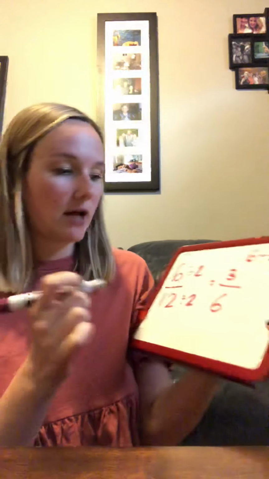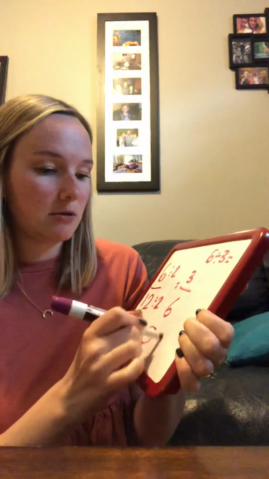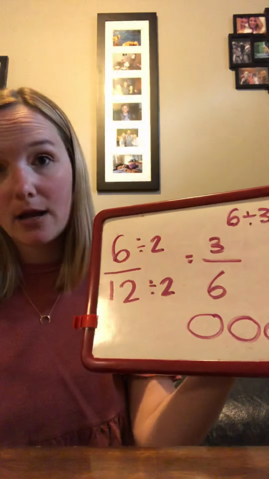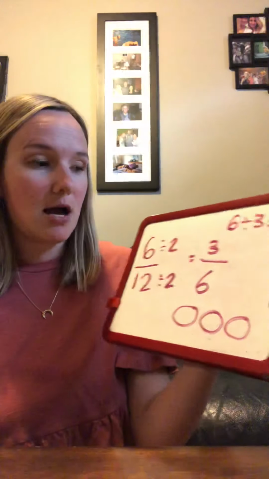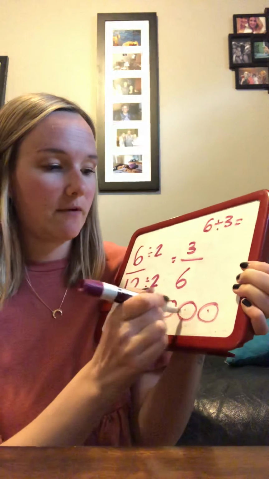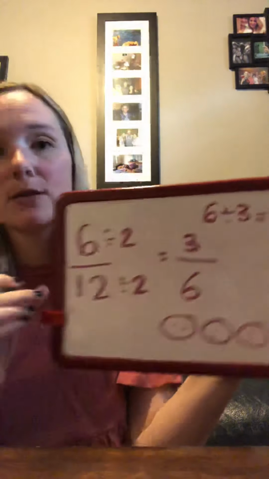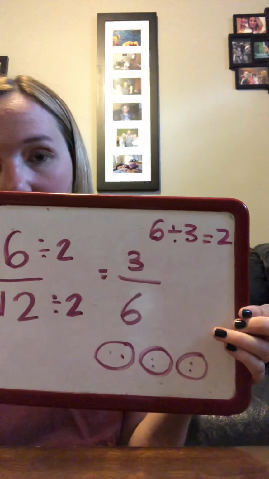So I'm going to do the same thing here. I'm going to do 6 divided by 3, and I'm going to see what I get. So 6 divided by 3, I'm going to have 3 circles, and I need to get rid of the 6. So 1, 2, 3, 4, 5, 6. Okay, so I've got my answer, 2 again.